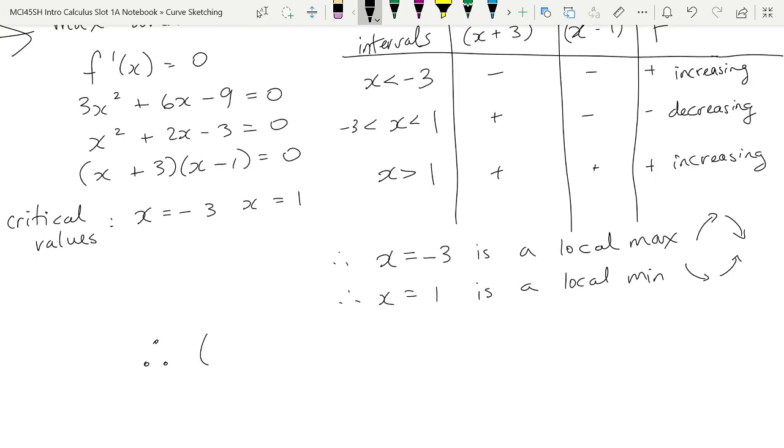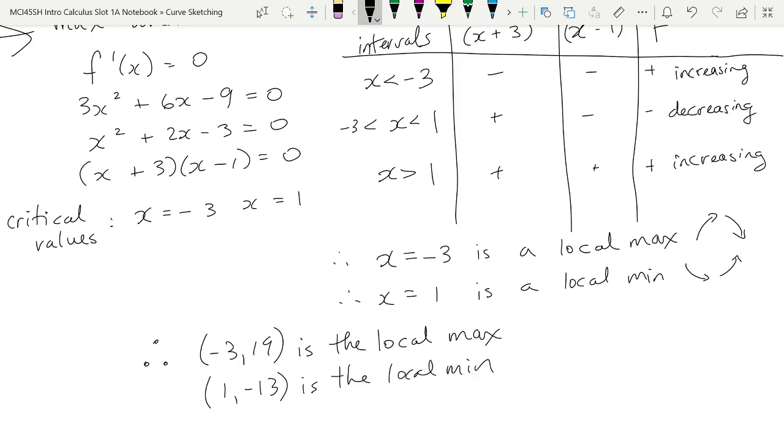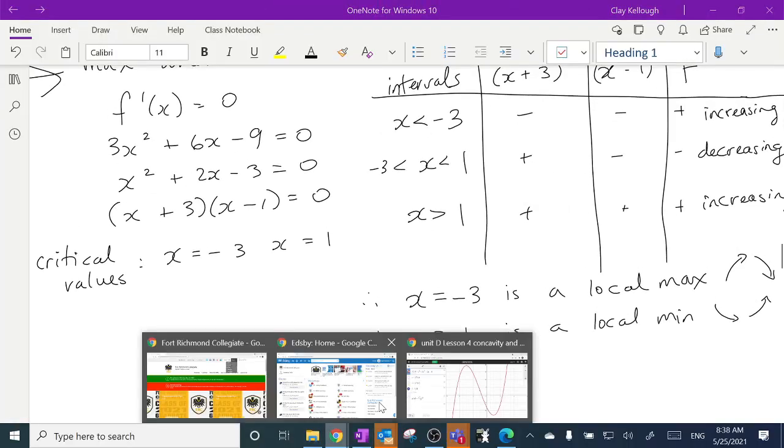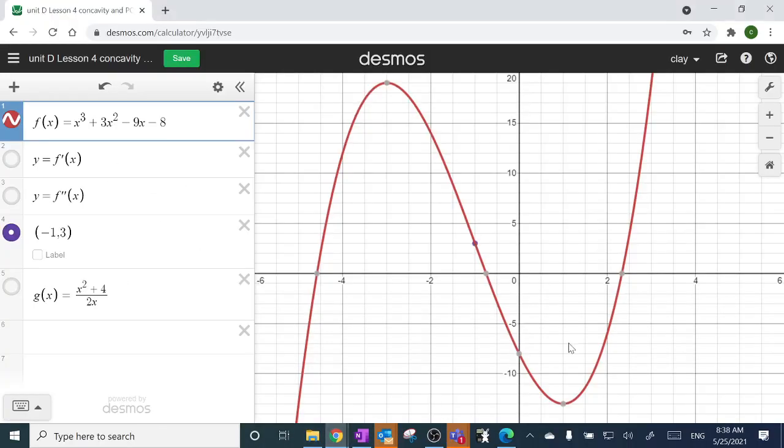So therefore, -3, 19 is the local max. And plug 1 into the original function, and you get -13 is the local minimum. That should be exactly what Desmos shows me. And, yep, 19 and -13.